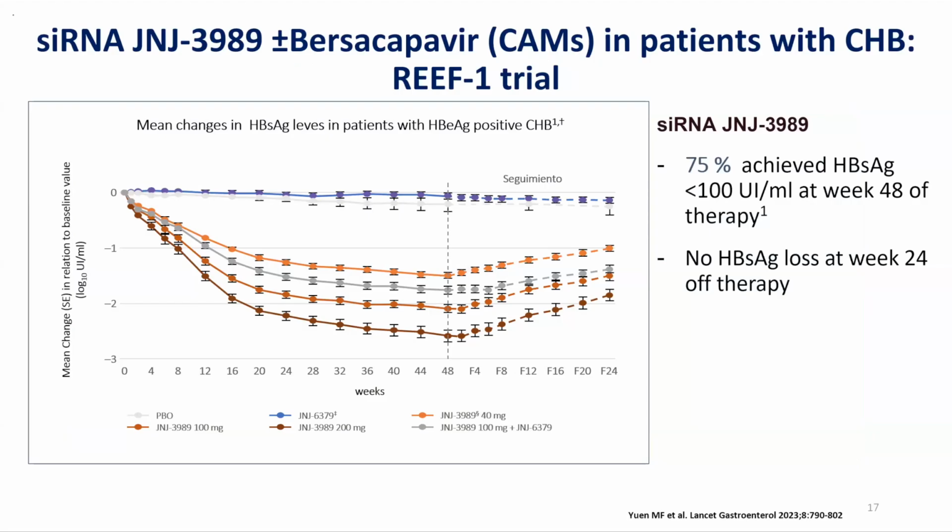This is one of the first studies with siRNA, RNA interference, in patients with chronic hepatitis B, and you can see dramatic declines in HBsAg levels.